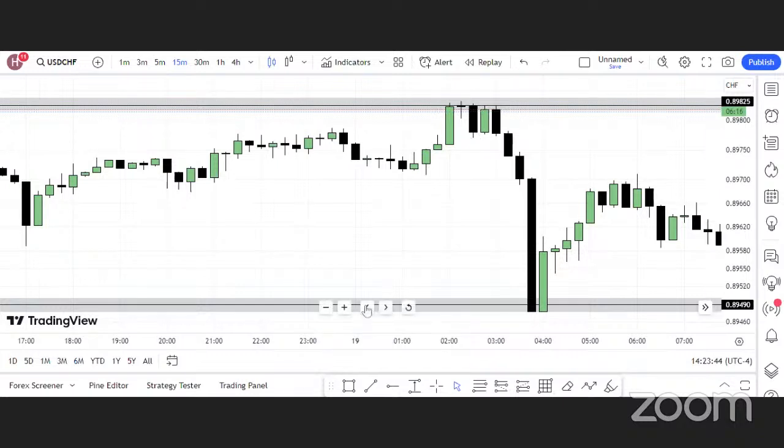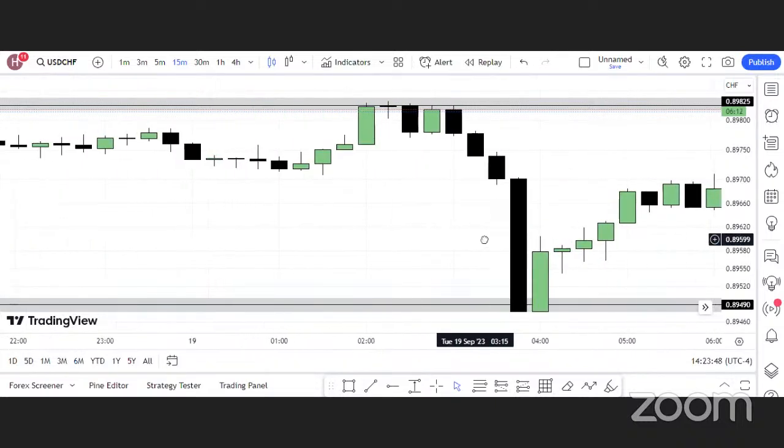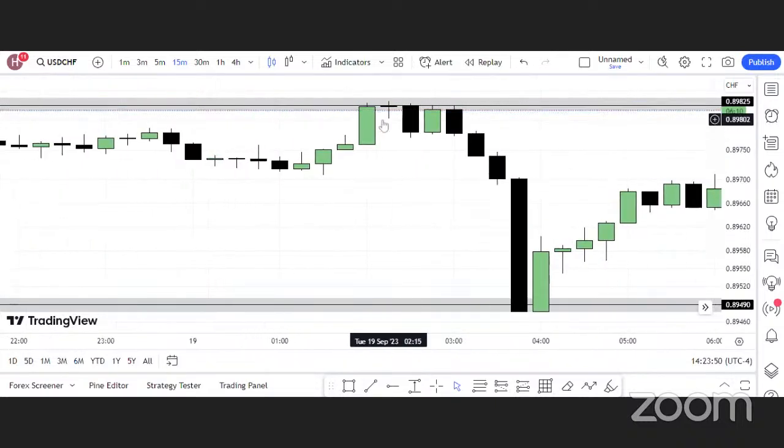Let me zoom in on this so that you can see it more clearly. This is the first one that closed inside it, but it has a very big body with a small wick.